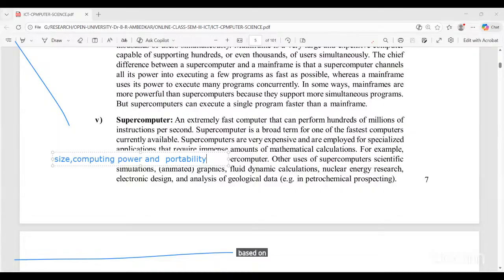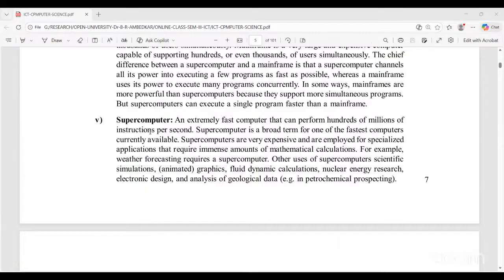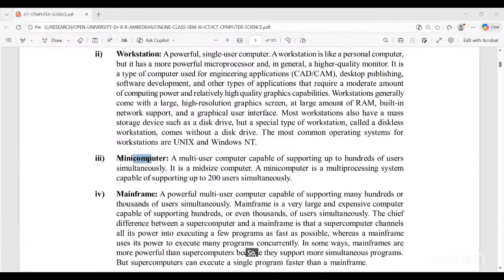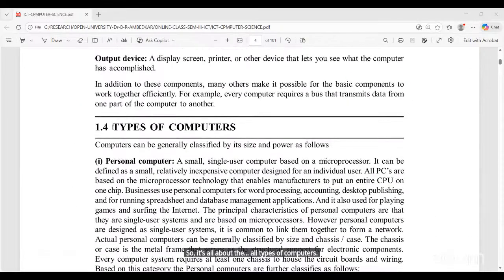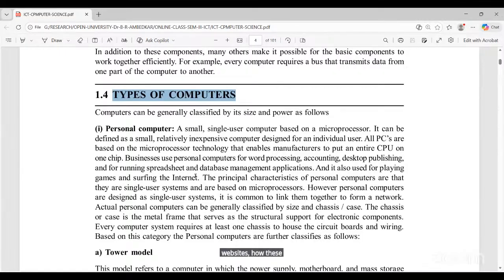Based on these three factors, they have been divided. So that's all about the types of computers. The images you can get from websites, how these computers look like and what the internal components are.